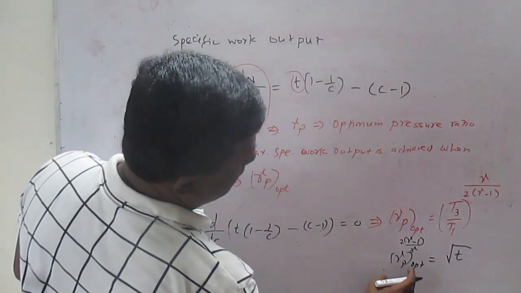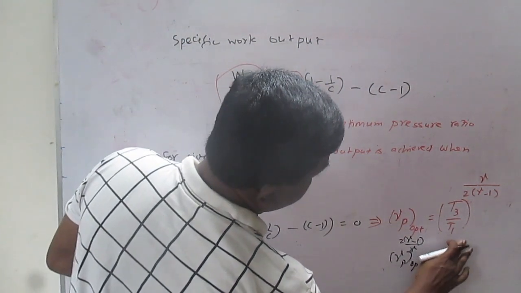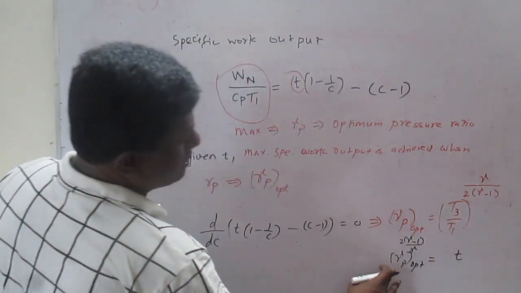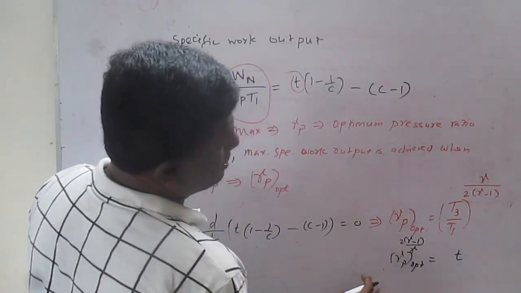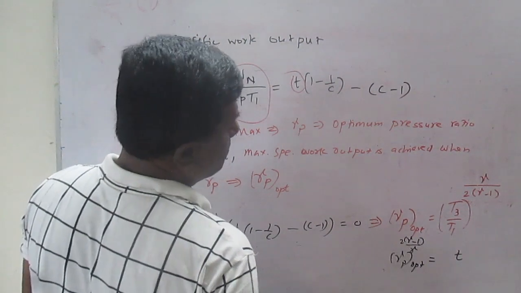When T equals this condition, we achieve the optimum pressure ratio.